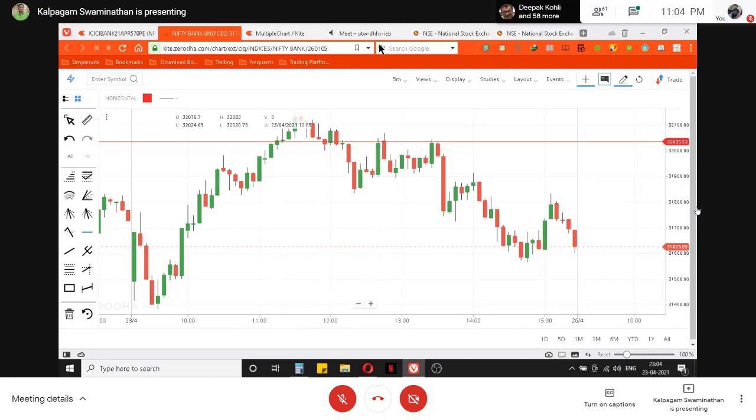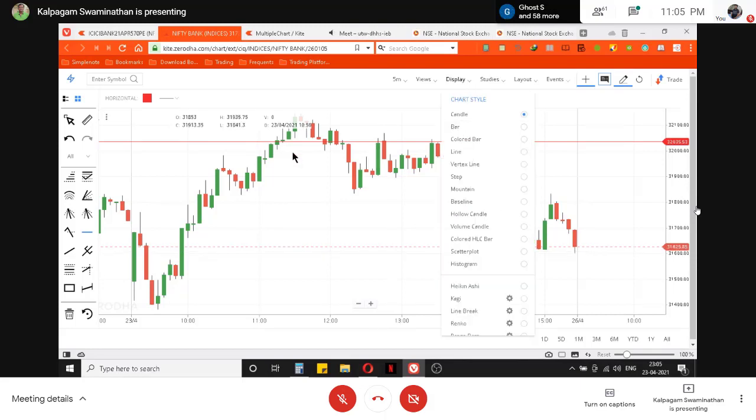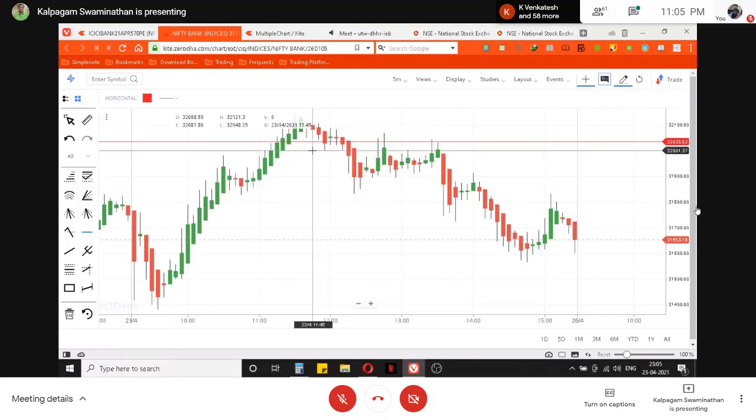What is the worst thing that will happen? Yeah, stop loss. At the end of the day, you will be proved right. Now, after doing this, I say when the price goes below this line, I will buy a PE. Then I should look at my Heiken Ashi and say where I get an entry.